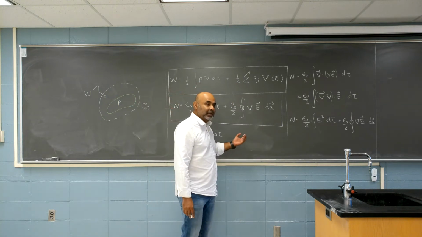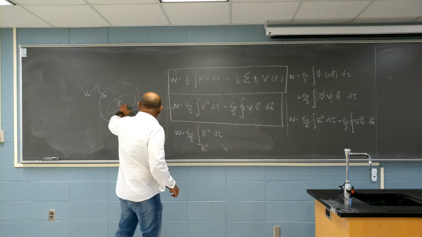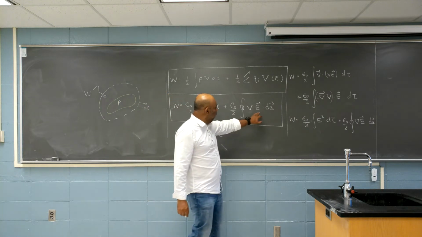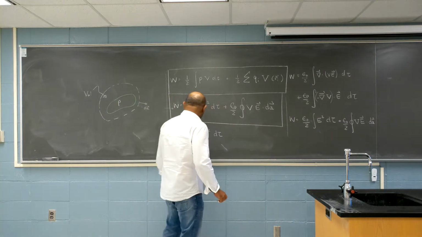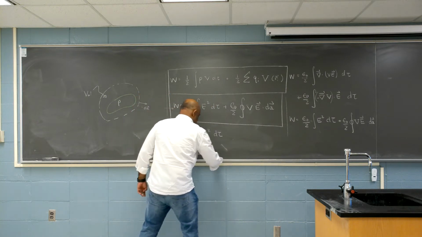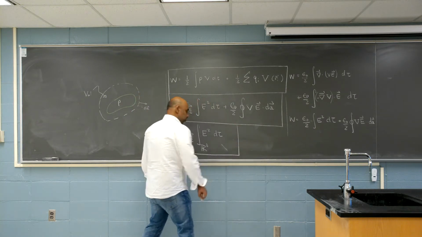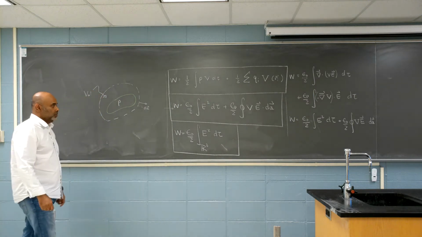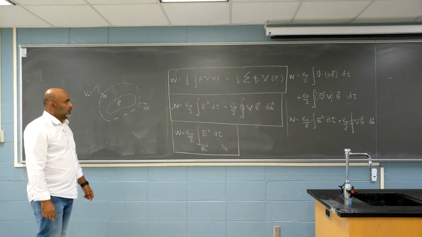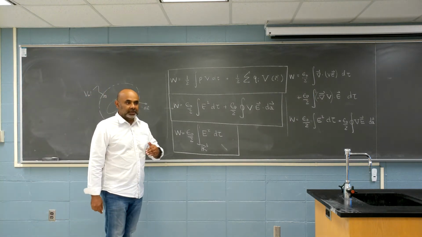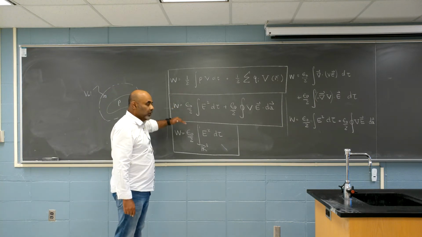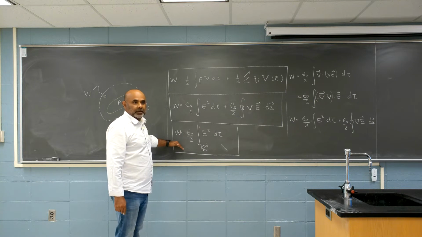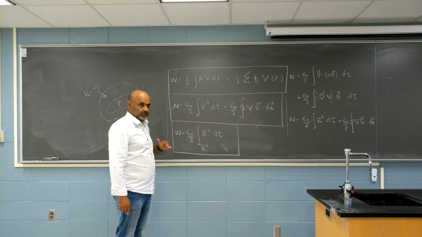So what happens if you have a compact source like this, and you go infinitely far away? What happens to E and V? Goes to zero. So for today's lecture, you can recap it in your notes by rewriting all these three and understanding the context.